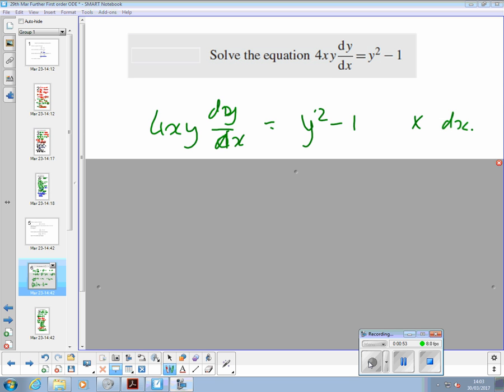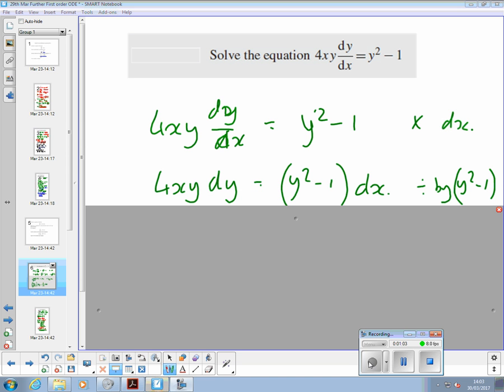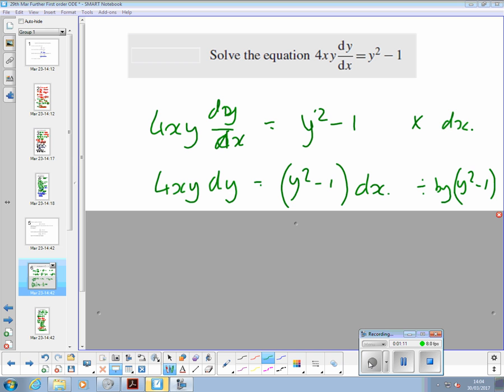Looking at that problem, we first multiply both sides of the equation by dx. We end up with 4xy times dy on the left hand side, (y squared minus 1) times dx on the right hand side.